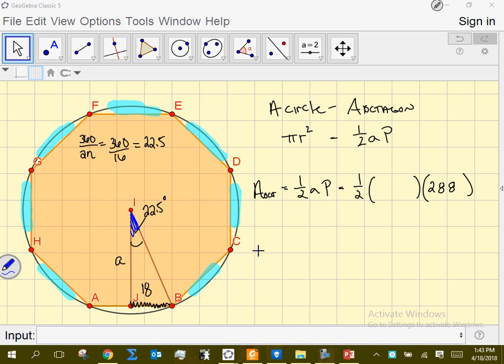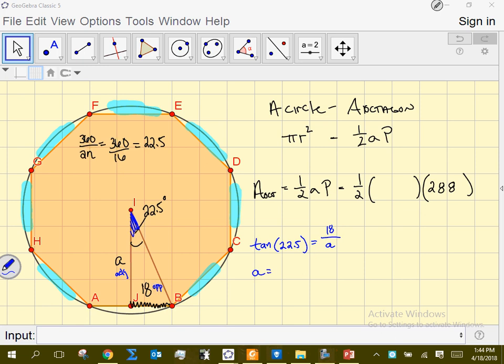Okay, so now I got to find the apothem. So 18 is the opposite side, right? And A is the adjacent side, correct? Which trig ratio uses opposite and adjacent? Tangent. So I'm going to do tangent of 22.5 is equal to opposite over adjacent.